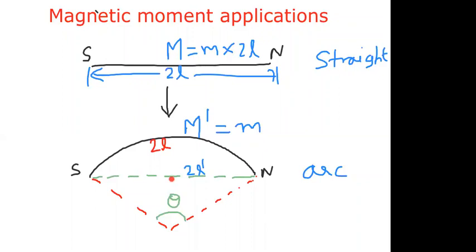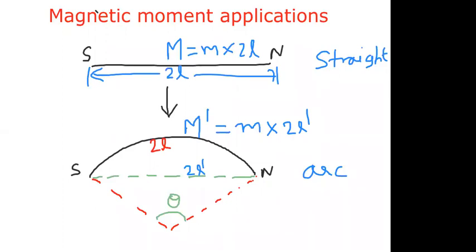This is a new length, I am calling it 2L dash. From this information, I can write the magnetic moment as pole strength into magnetic length, 2L dash. If you know 2L dash, then you can find the new magnetic moment. So our target is to find 2L dash.